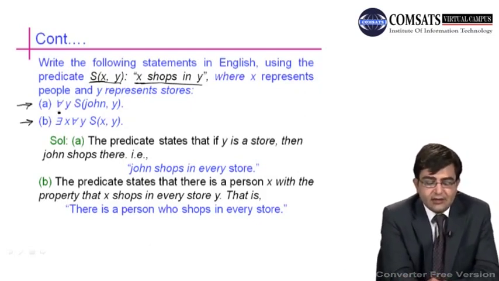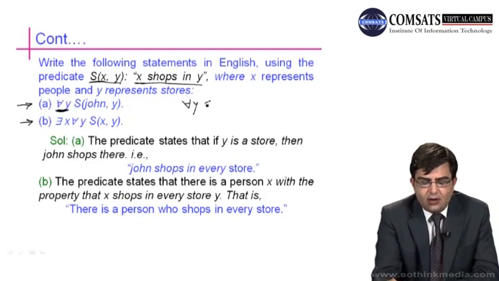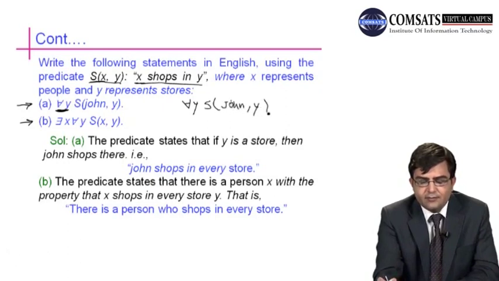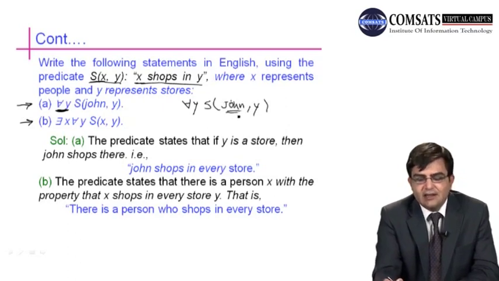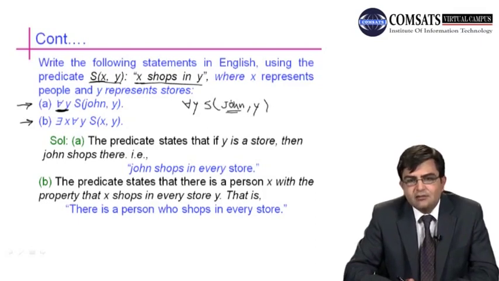Here you can see, this is an example of nested quantification, that for all y, S of John y. So John here is basically in the scope of y. So we can say this is nested quantification. So we have to translate this statement for all y, S of John y.